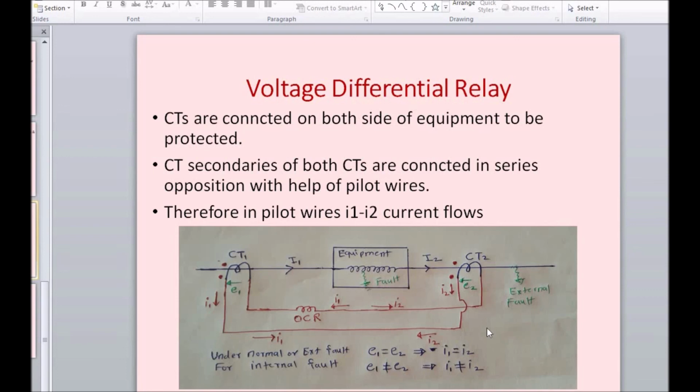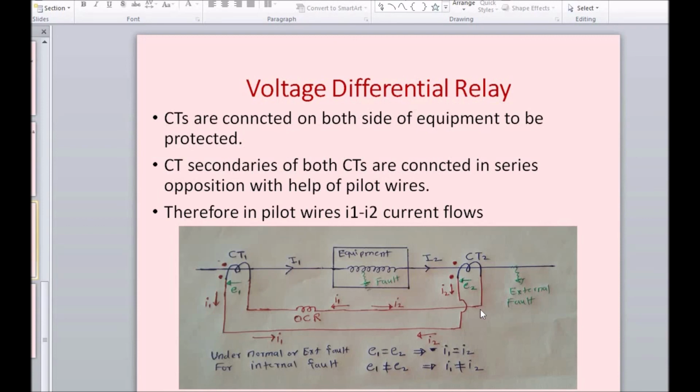That is under normal condition. Under normal condition, the current flowing through the pilot wires is 0, but during internal fault condition there is current flow in the pilot wires. This is because of the difference in the voltage induced in the secondary windings of the CTs. That's why it is called a voltage differential relay.